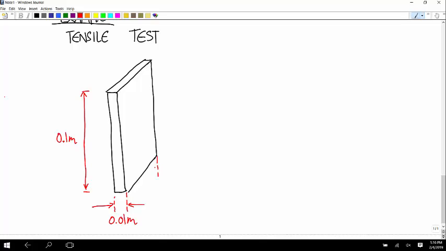And then this length is 2 centimeters, not drawn to scale. And then we apply loads to this to stretch it. That's the tension in the tensile test. And let's say the magnitude of that load is 5,000 newtons.